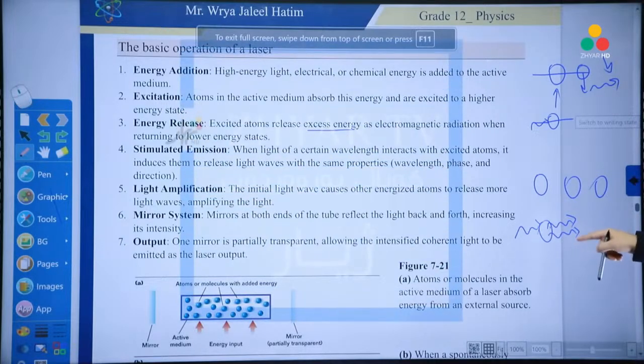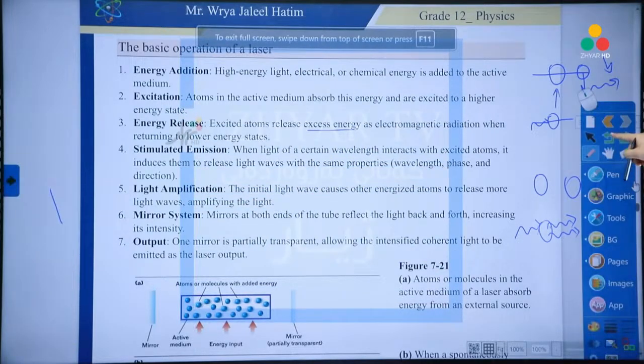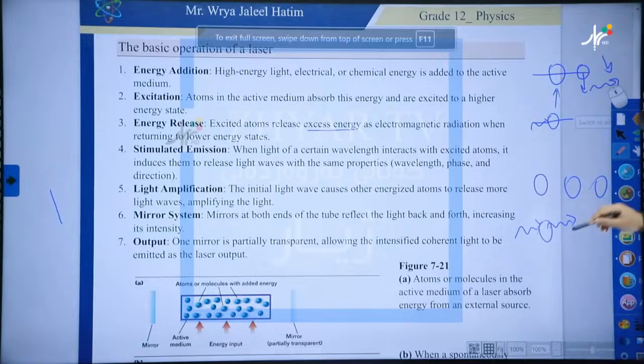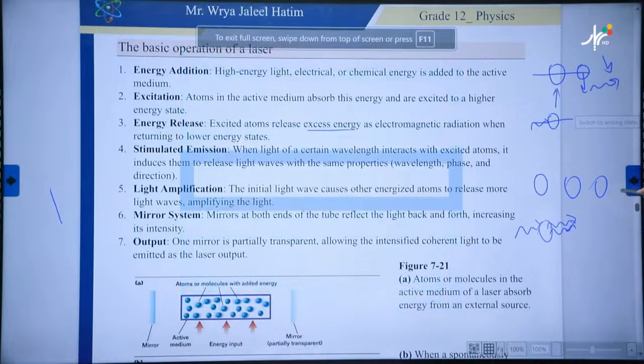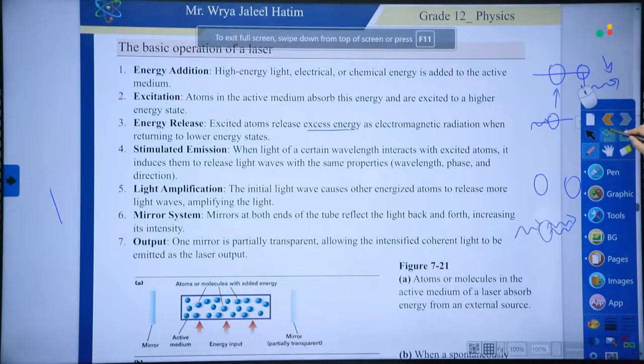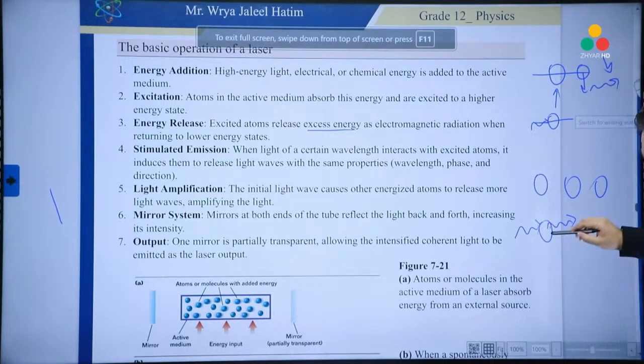These two light waves are exactly the same, or you can say coherent, with the same phase difference and all that. Let me make this one accurate enough so that you know what it is. So let's say this is something like this.